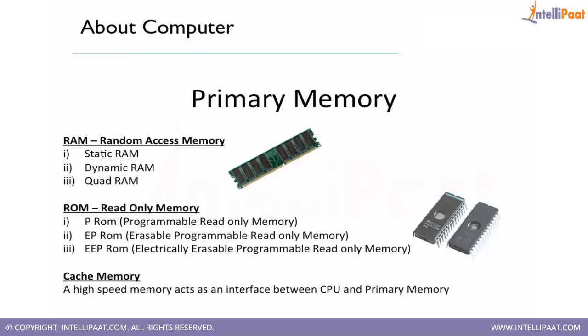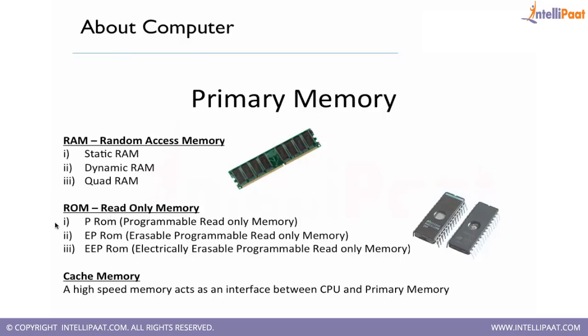Why this is called primary memory is because it is a digital memory, and it is fast to access. Any data stored in the RAM can be accessed fast as compared to the data stored in the hard disk or secondary storage.